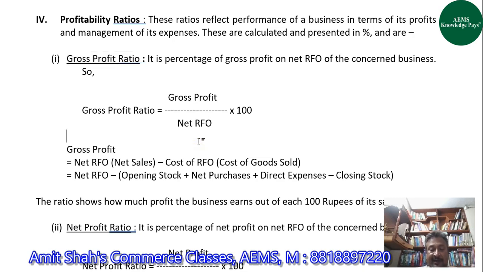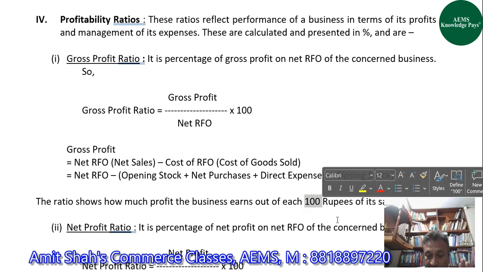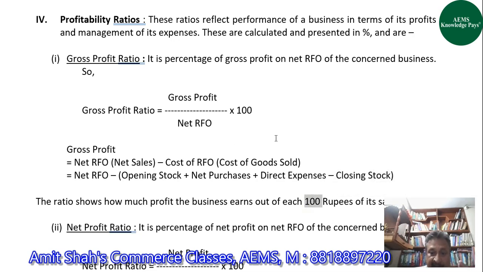The salesman says that it is 22%. It means if the selling price of the good, the MRP of the good, is rupees 100, then 22 rupees will be earned by the trader. It means the cost of that good for the trader, which he has to pay to the company, is only 78 rupees.